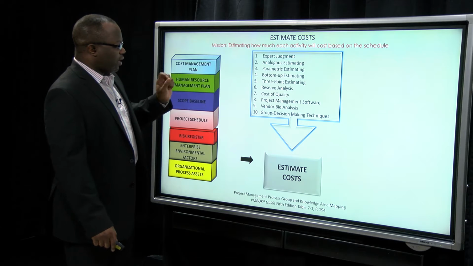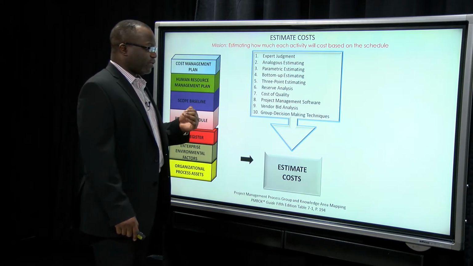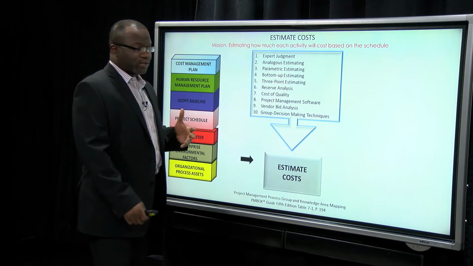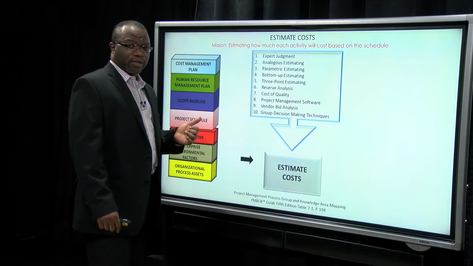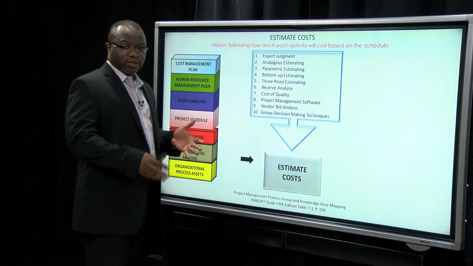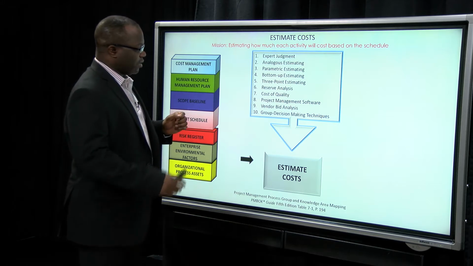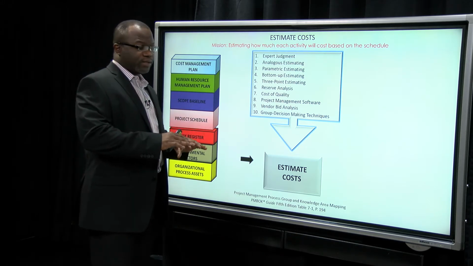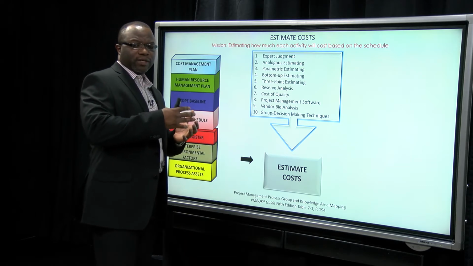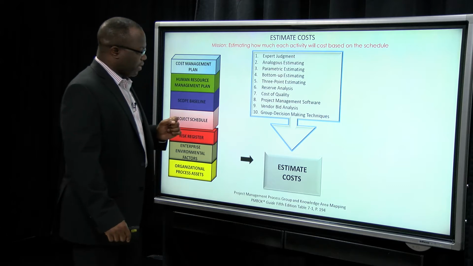But the 4 estimating approaches: analogous, using an analogy from a previous project to estimate a task on a current project; parametric estimating, using historical information and a statistical relationship between certain variables; bottom-up estimating, breaking down a task into even lower level subtasks and rolling the cost estimates up to a final total. That's what bottom-up estimating is.